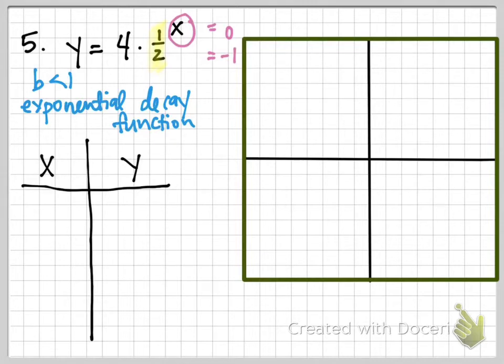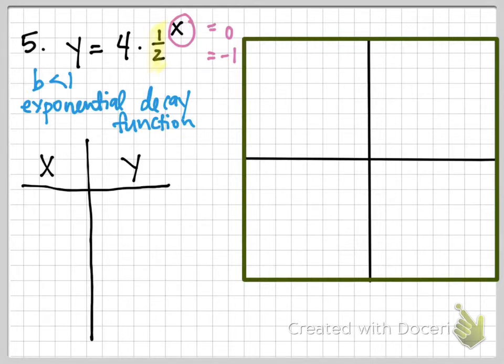And the reason why you want your exponent to be negative when you have a fraction is because if you have a negative exponent, that brings it to a whole number. So if I had 1/2 to the first power, like x equals 1, then that's going to give me a fraction. Or it won't always give you a fraction. In this case, it wouldn't. But oftentimes it gives you a fraction, and you don't want to graph fractions.